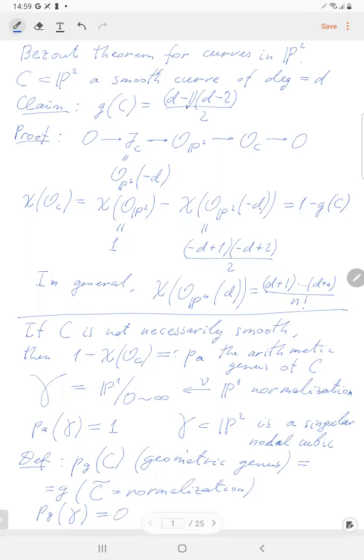Okay, and you see, in families, we already proved this theorem that the Euler characteristic of fibers is constant, or say locally constant in families. So the arithmetic genus is constant in families. For example, you can have elliptic curves, smooth cubics, degenerating into a singular cubic. And in this family, all the arithmetic genera are the same, one. But the geometric genus will drop when you specialize to the singular cubic.